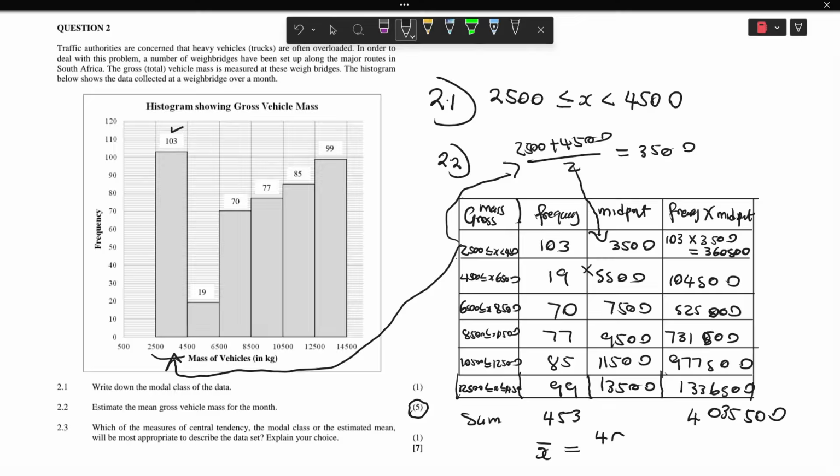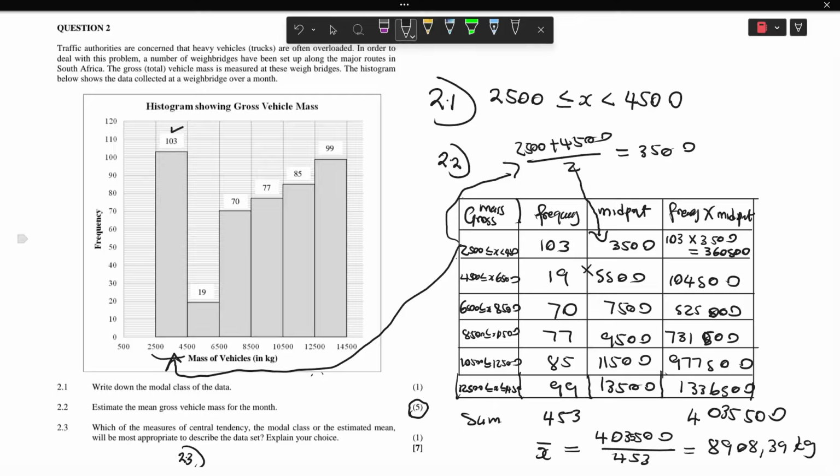The mean is 4,035,500 over 453. Then the final answer will be 8,908.39 kg. 5 marks. You see, that's how you do it. You are supposed to look at it this way. Then, straightforward.